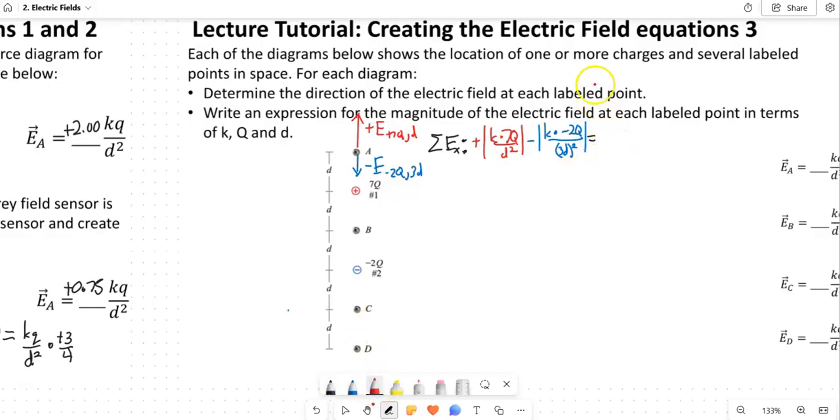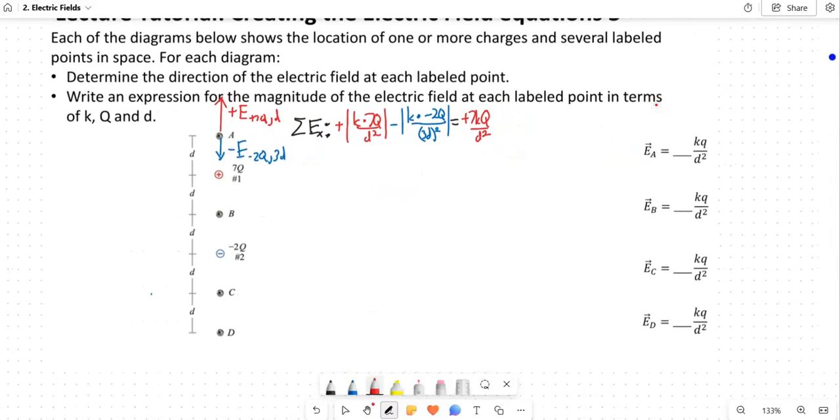So that red guy is going to be positive 7kq over d squared, and the blue guy is going to be 2 over 9 kq over d squared.